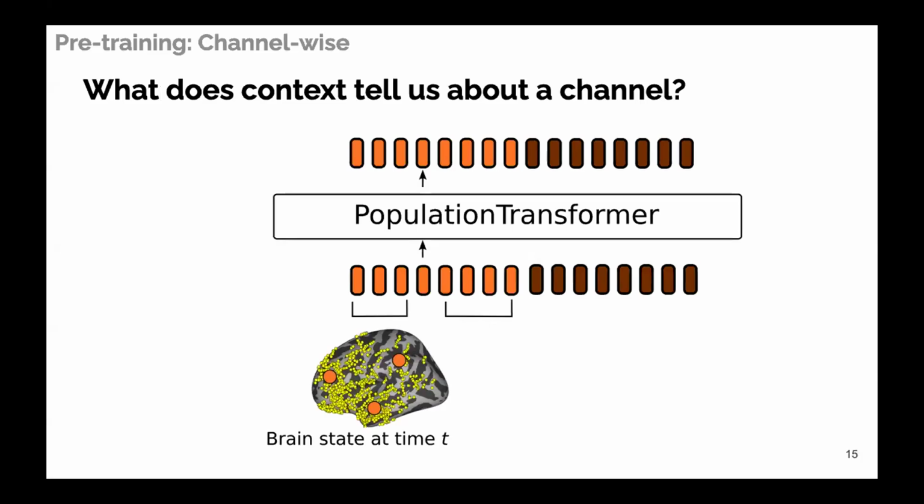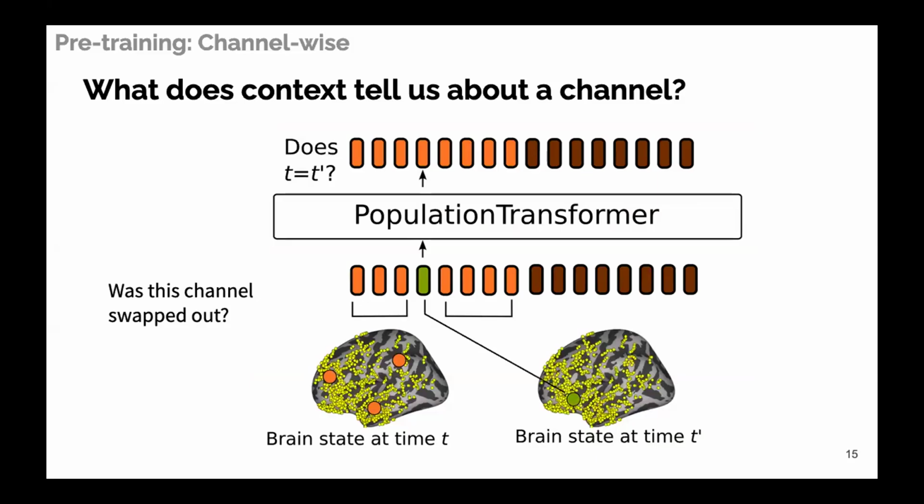All right, so for each of the individual channels, we're trying to ask the question, what does context tell us about this channel? And the way that we can set this up as a learning problem is that we have electrodes from the brain, say at time t, these orange ones. And then for some very small percentage of these orange ones, we randomly select them to be replaced with a different time point.